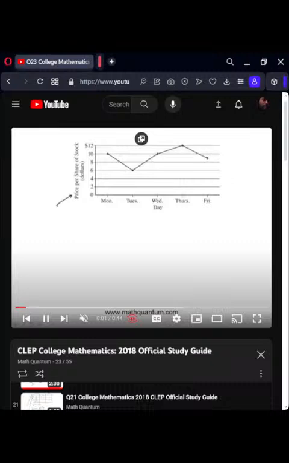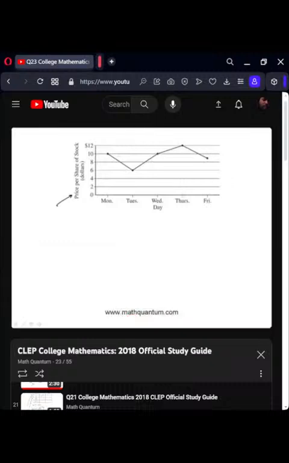So here we're shown this graph that shows the closing price of one share of stock of company Y for each of these 5 business days. The question is which is closest to the percent change in the closing price of one share of stock from Tuesday to Wednesday.